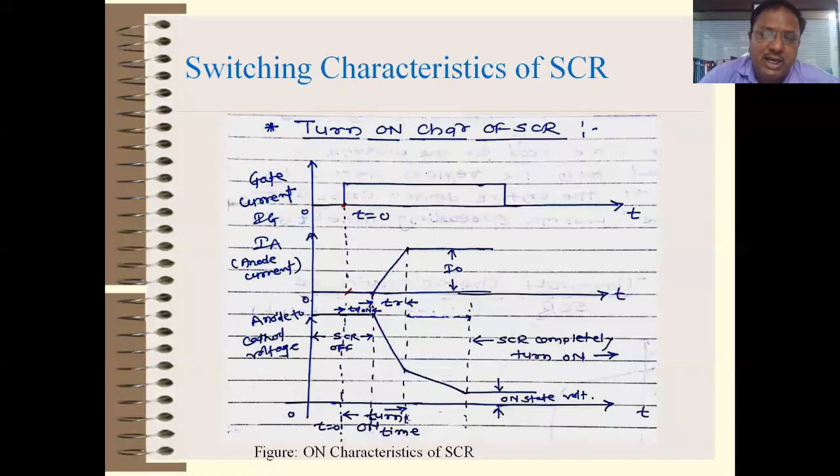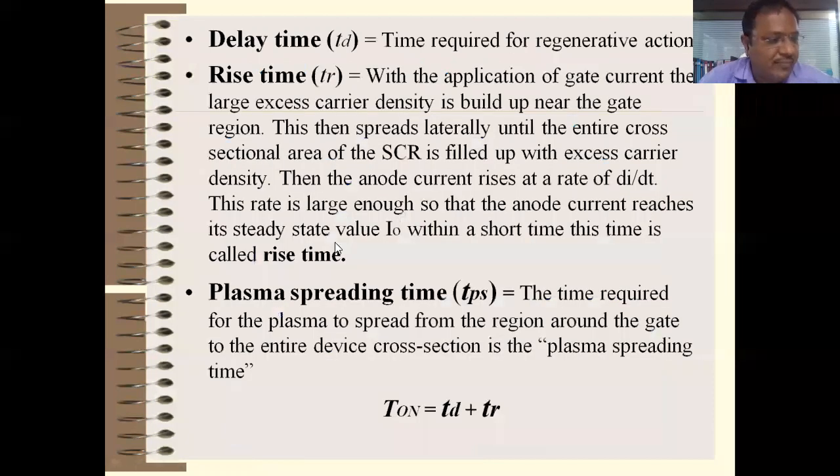So in this particular graph, the anode current starts to increase, and at the same time the anode to cathode voltage decreases. This time is called TR, the rise time. The definition is given here. Rise time: with the application of gate current, a large excess carrier density is built up near the gate.